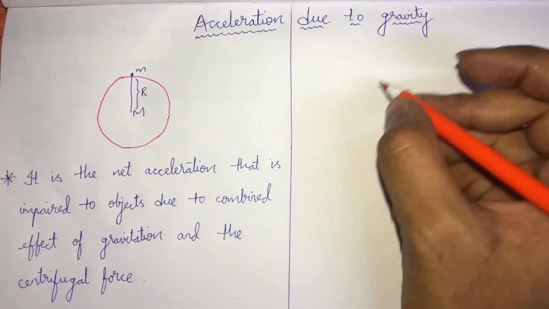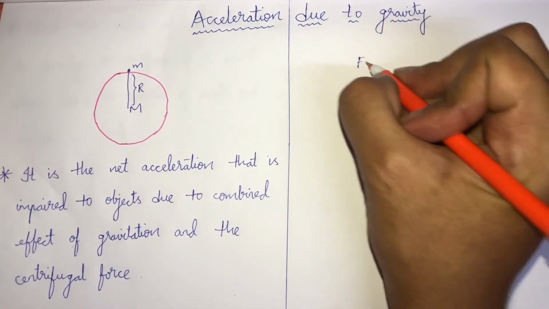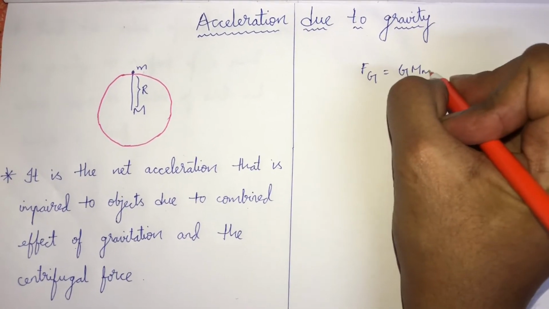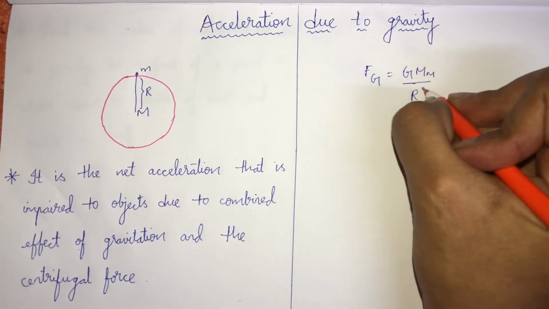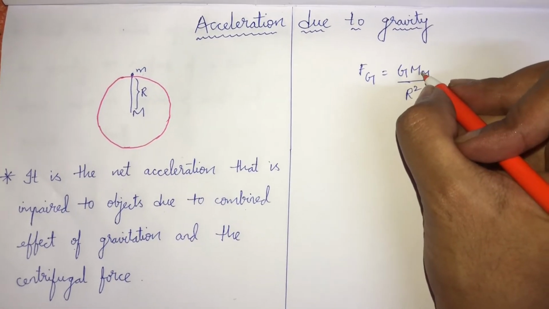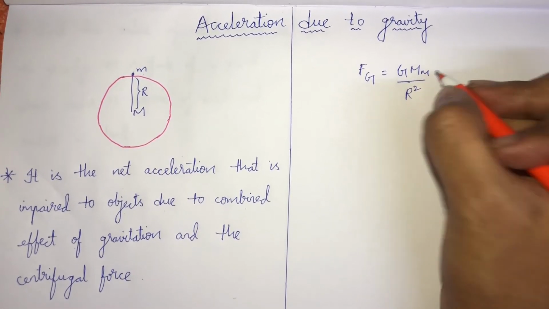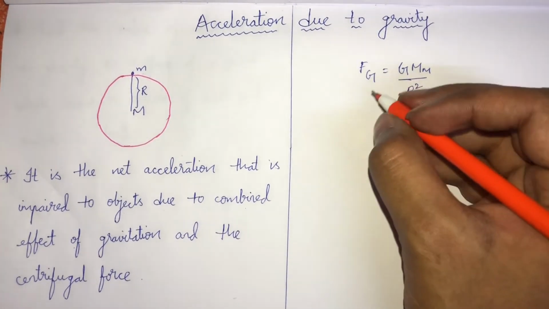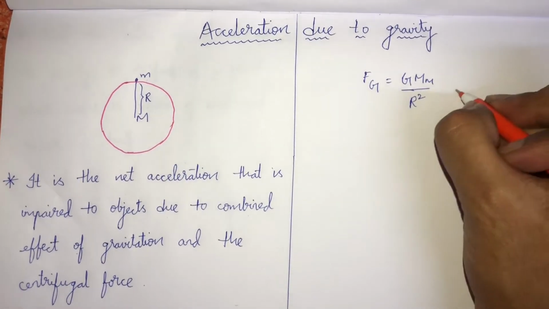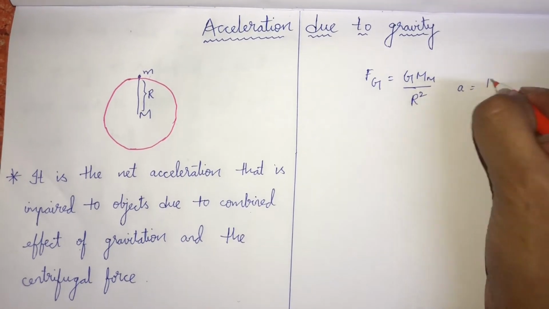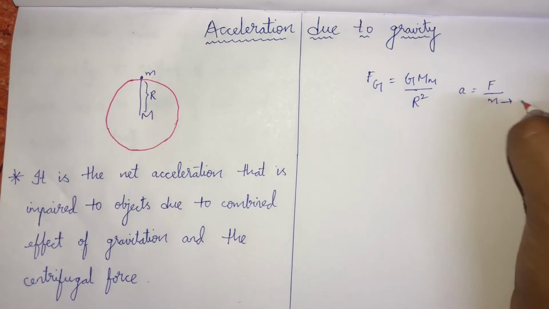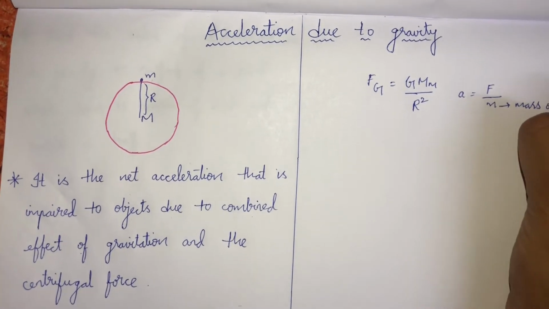First, as you already learned, gravitational force is equal to GMm by r square, where capital M is the mass of the earth and small m is the object which is placed over the earth. Then we know that acceleration is equal to F by m, that is the mass of the object.